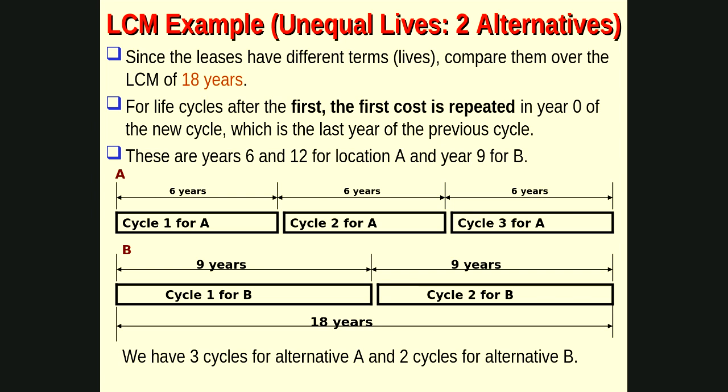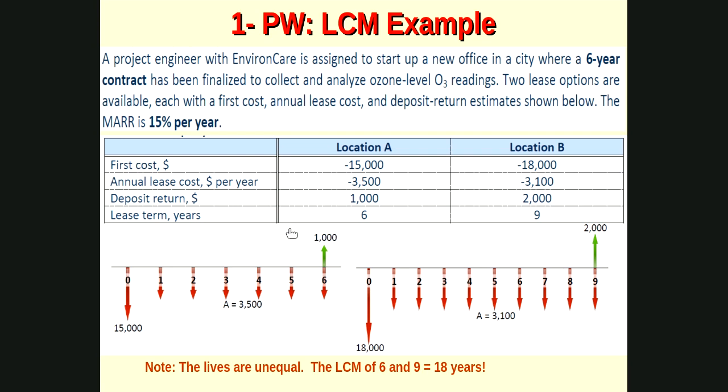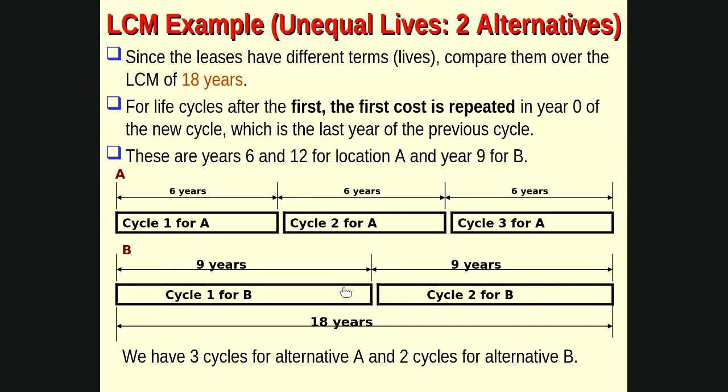طيب, now what you have to do is divide the LCM by each number of years. Now 18 divided by 6, how much is it going to be? It is going to be 3. So you will have 3 cycles for alternative A. And when you divide it by 9 for alternative B, you will have 2 cycles.